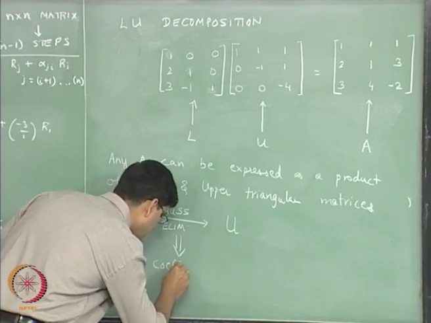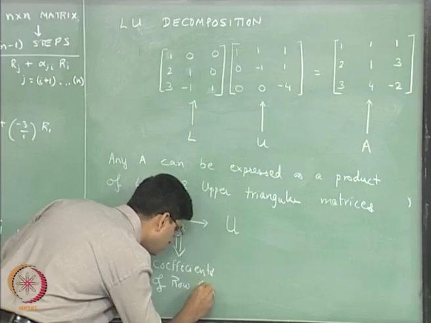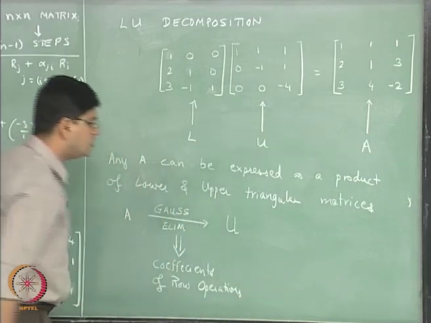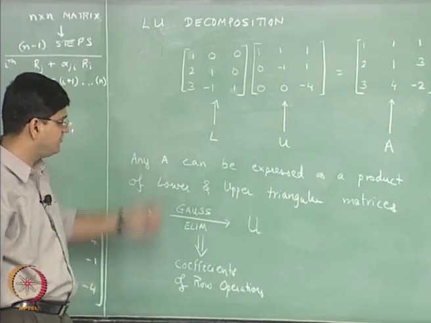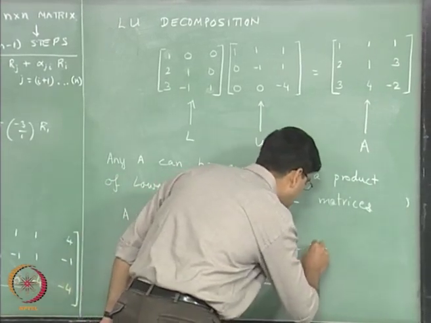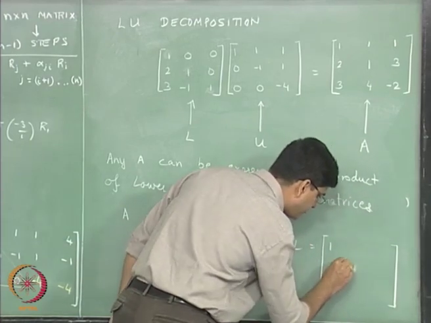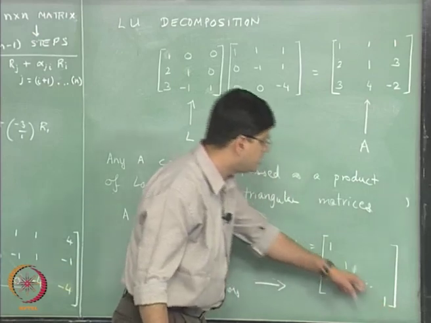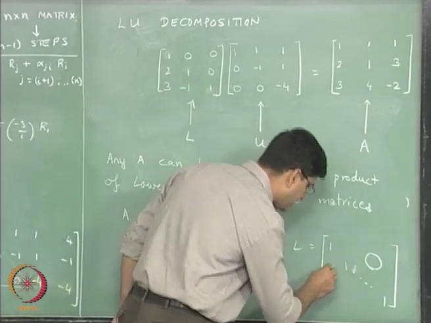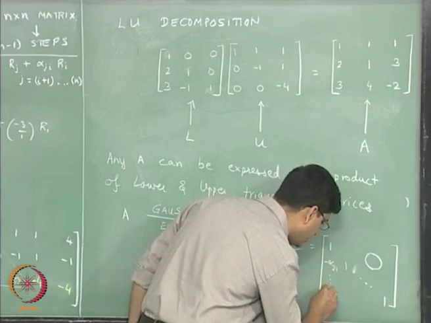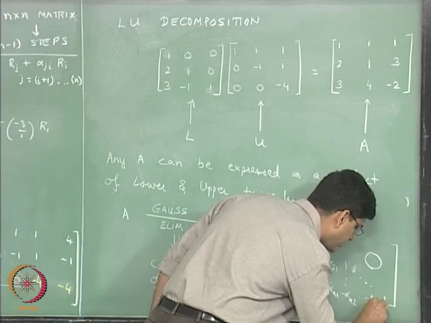coefficients of row operations. Okay. We take these coefficients of the row operations, negate them and put them in a lower triangular matrix, and we will get that lower triangular matrix L. In general for an n dimensional case the diagonal elements are all 1, the upper triangular elements are 0, and the non diagonal elements are minus alpha 2 1 and so on up to minus alpha n 1, minus alpha n 2, and so on up to minus alpha n comma n minus 1.